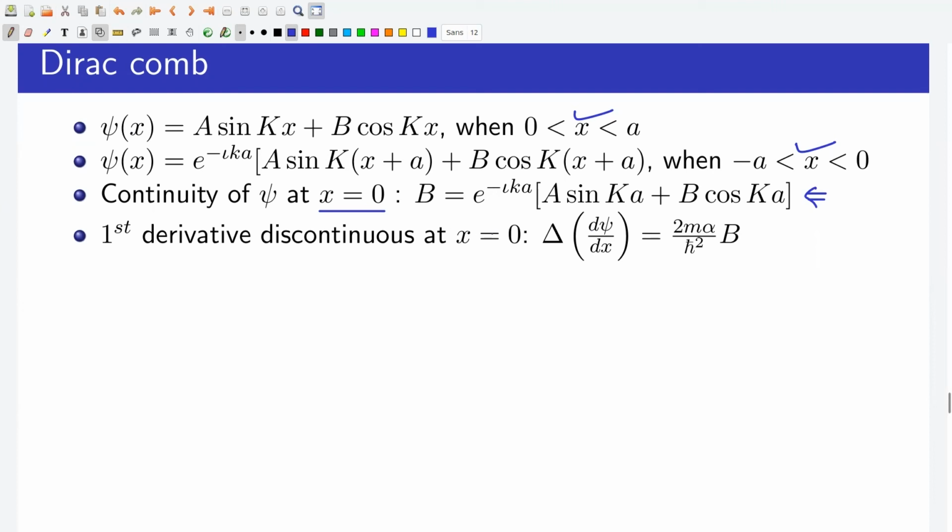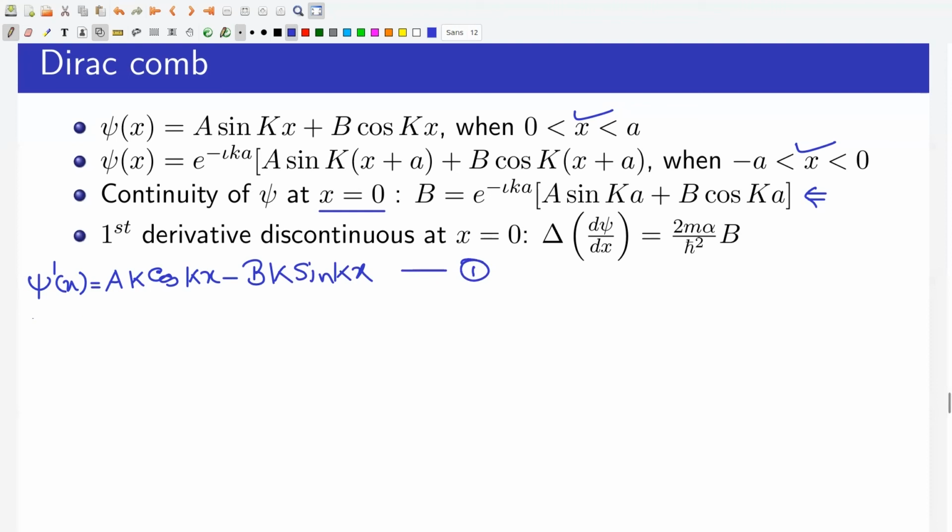The first derivative is discontinuous because we are dealing with a delta function potential. So from the first equation, we write the first derivative as psi dash of x equals a k cos of kx minus b k sine of kx.